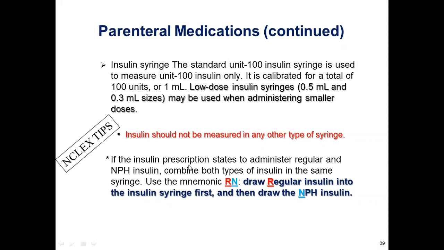If the insulin prescription says to administer regular and NPH insulin together, sometimes we need to mix the insulin, so what could we do? Regular insulin is a short-acting insulin, sometimes called Humulin R or Novolin R. NPH is the intermediate insulin; NPH stands for neutral protamine Hagedorn.